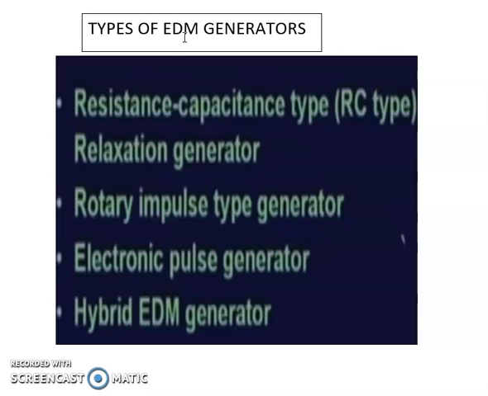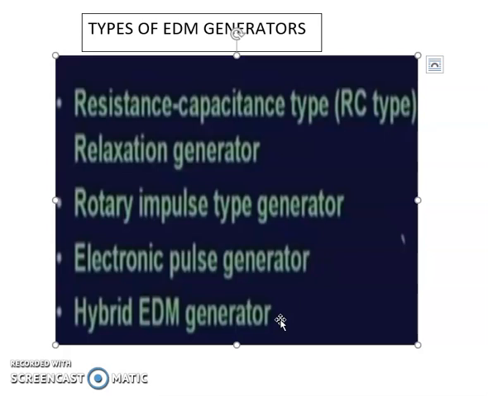So how do we obtain the on time and off time? For this we have a generator. We have different types of EDM generator: the RC type, resistance capacitance type, relaxation generator, then the rotary impulse type generator, electronic pulse generator, and hybrid EDM generator.